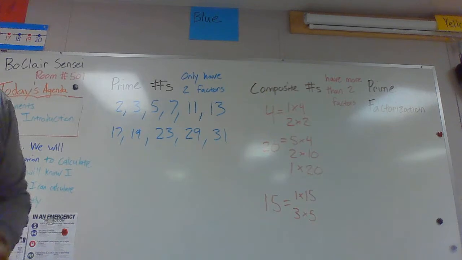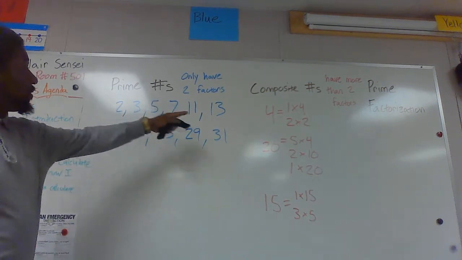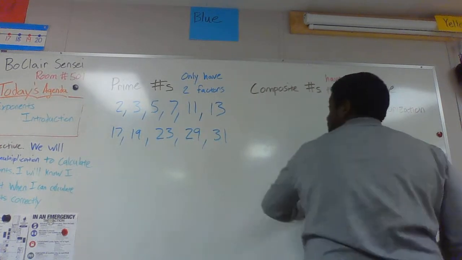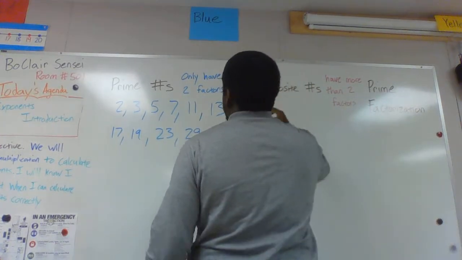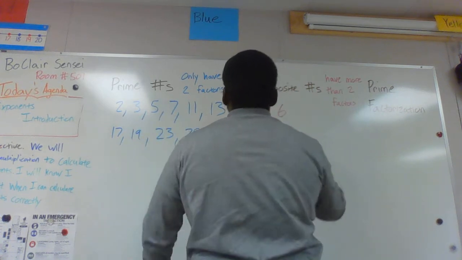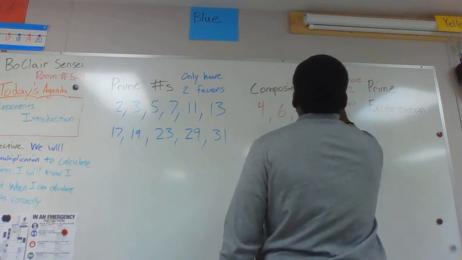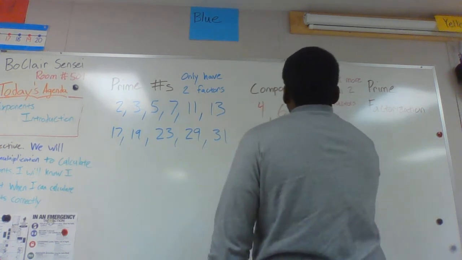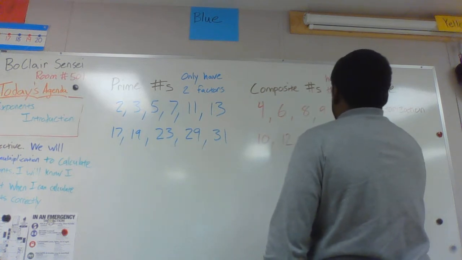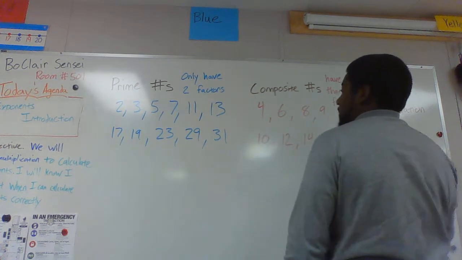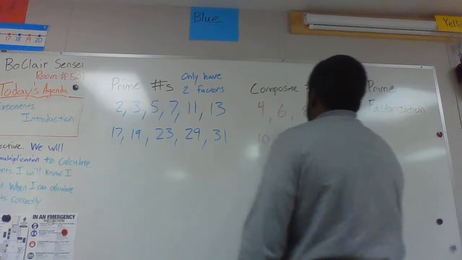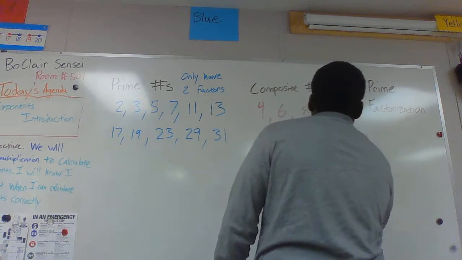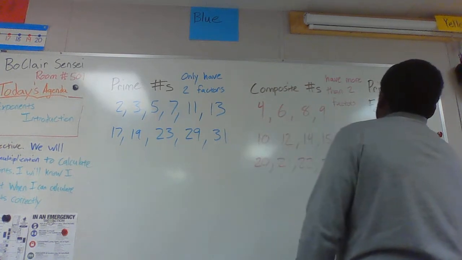Composite numbers, I'll give you some of those as well. So, y'all, if these are all the prime numbers, the composite numbers are the ones that are in between those. 4, 6, 8, 9, 10, 12, 14, 15, 16, 18, 20, 21, 22, 24, 25.